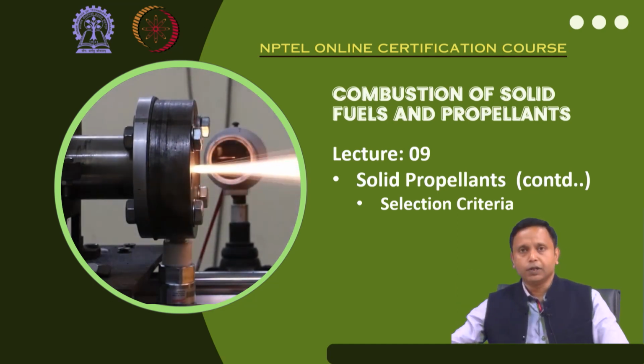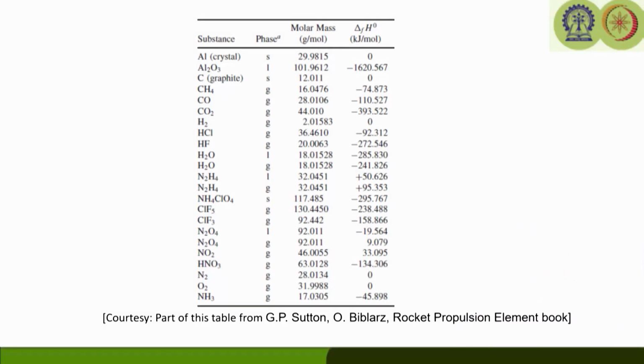Now, I will show you one table where you can see some typical heats of formation of various products. For example, if the fuel is aluminum, the product will be aluminum oxide, which has a large negative value of -1620 kilojoule per mole.